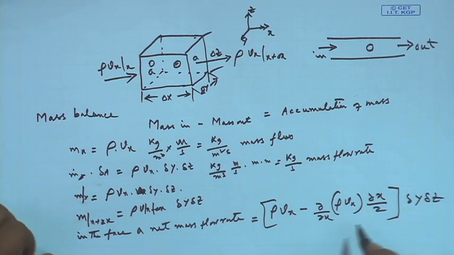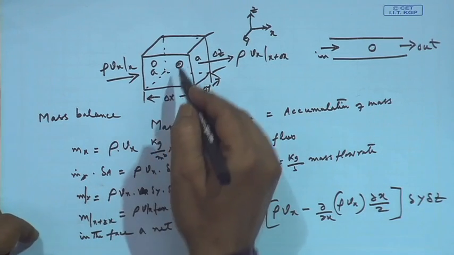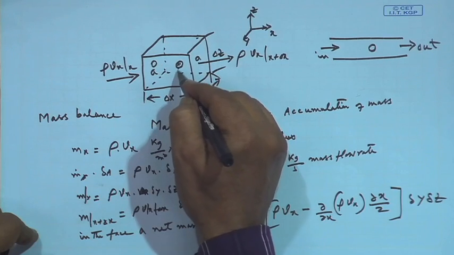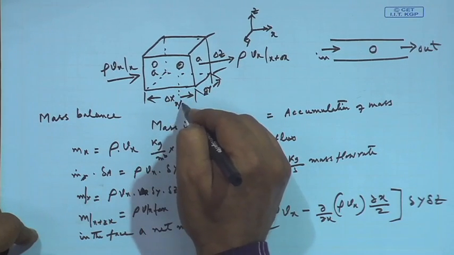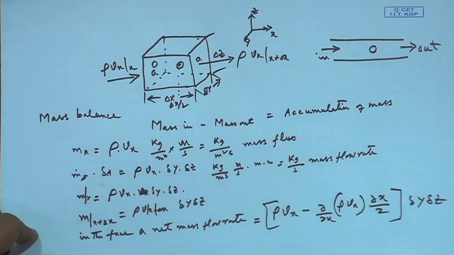Why are we saying this? You see, this is at the x by the midpoint, so it is delta x by 2, right.